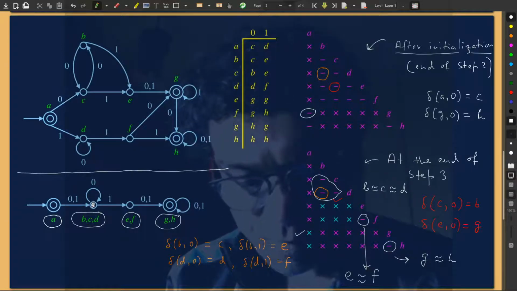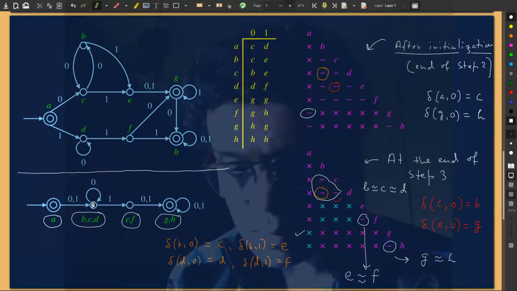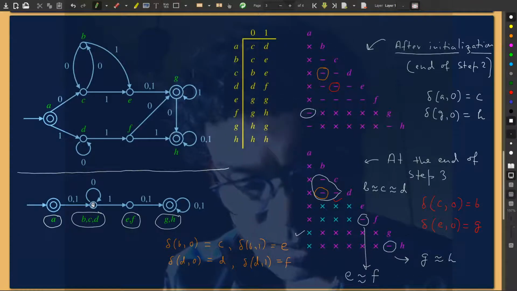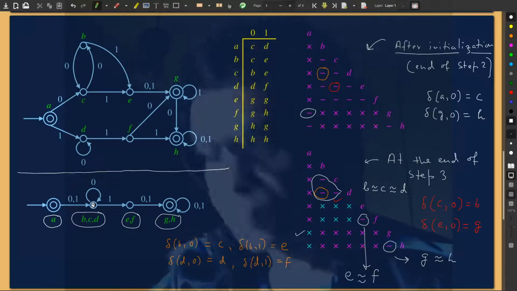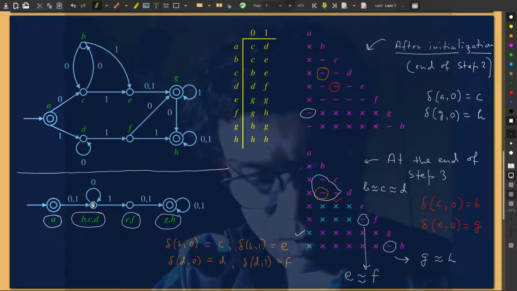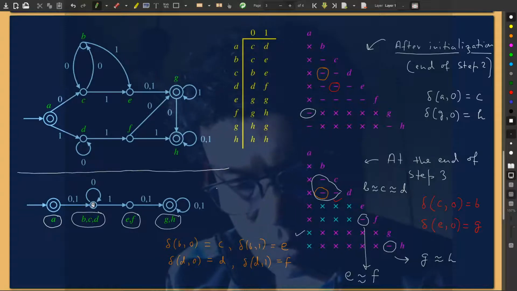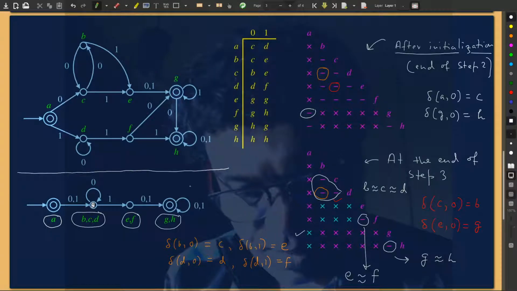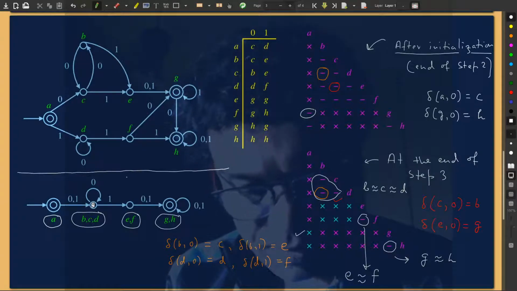Of course, we have formally and mathematically proved this, but this is also a confirmation and illustration. And also, this DFA is a minimal DFA in the sense that this cannot be collapsed further. Okay.